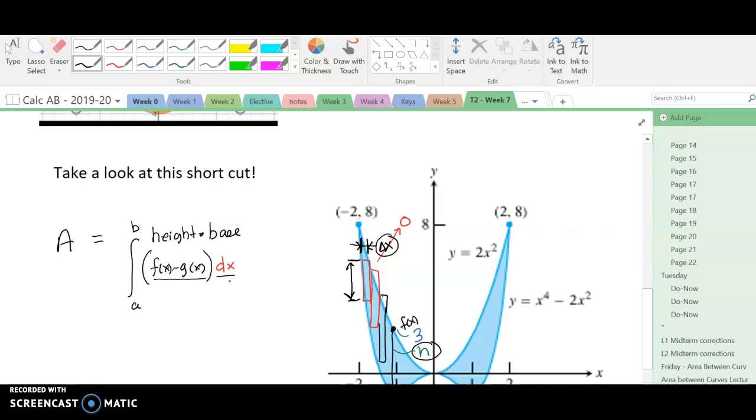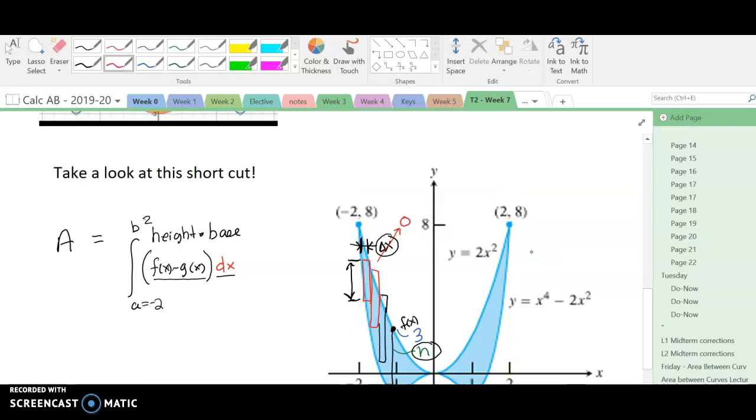In this problem, our lower limit would be -2, and our upper limit would be 2, because we start chopping these rectangles. The very first one we would chop would be over here at -2, and the last one we would slice would be at 2.